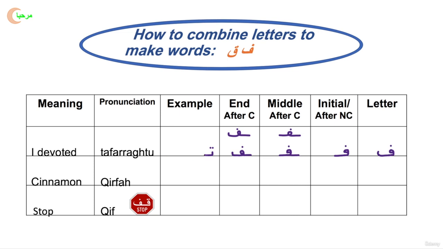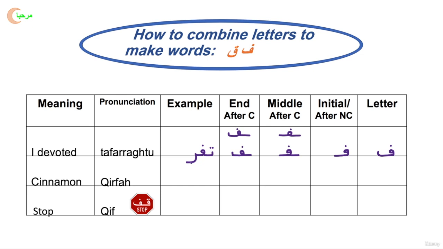So this is the connection to the ta. And then we write our circle here. And then we go down. And since it's not at the end, then we are not going to close the door. So the fa, after the fa, we have ra. And we have here double R. We will cover that in this lesson later. So let's write our ra.